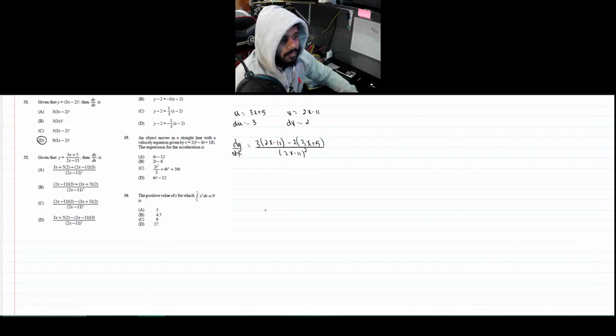Well, all of them have 2x minus 11 on the denominator, so I'm going to see if I can work on the top here. They have the top in a particular form, without expanding it, right? So I'm looking for (2x minus 11) times 3 minus (3x plus 5) times 2. So C is the answer.